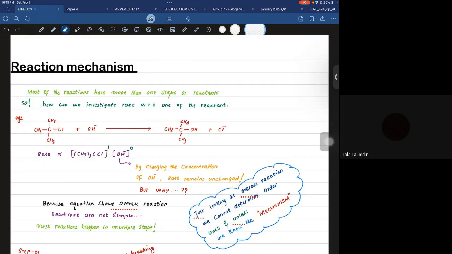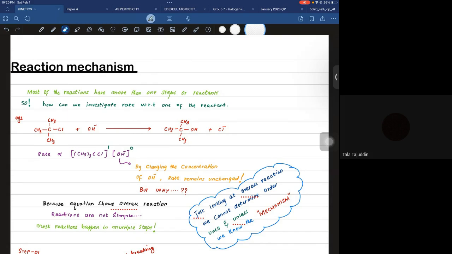So the first portion was how to find the order of reaction by using the half-life, and this is called the reaction mechanism. That's very important, how the catalyst works. Most of the reactions have more than one step or reactant.